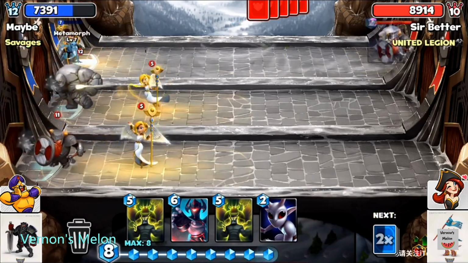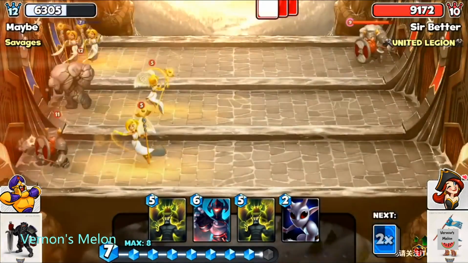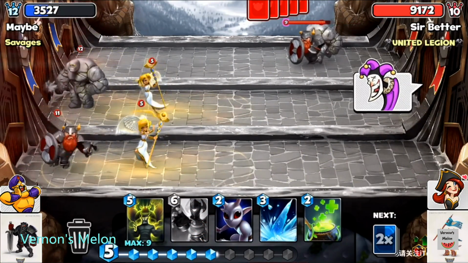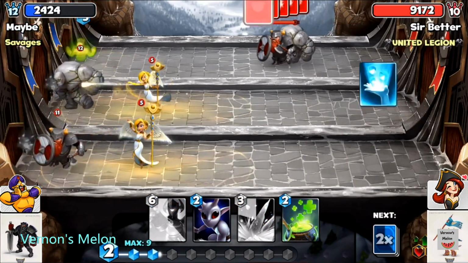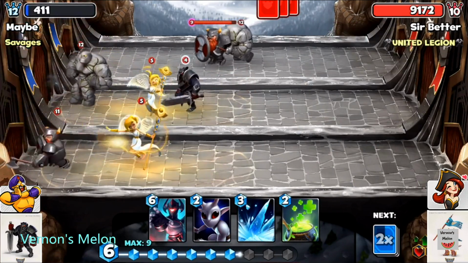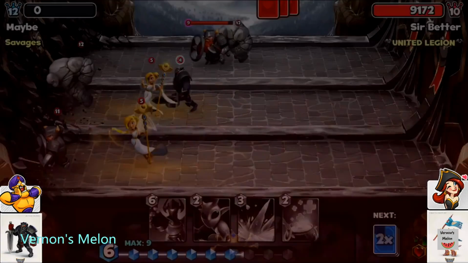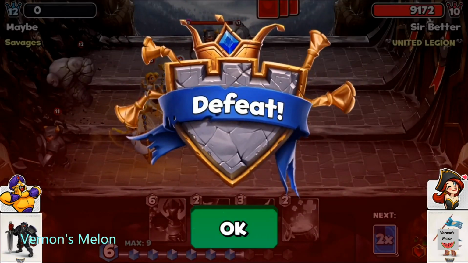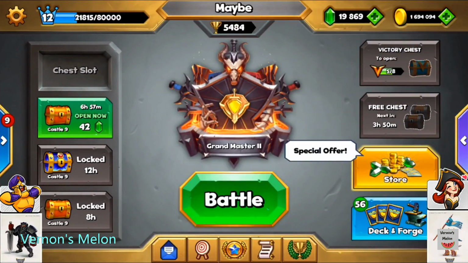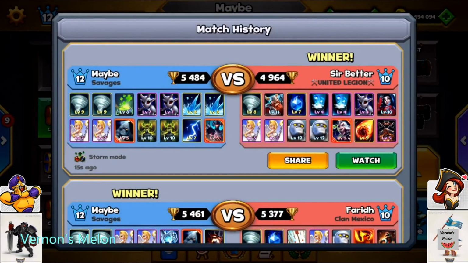That growth rate is constant. So no matter when I put down the giant growth, it's always going to be the same result in terms of buffing that particular troop. For example, if I have the giant growth and a golem or angel and I buff it right away, it's the same as waiting for 10 or 20 seconds and then buffing it, because the growth rate is always going to be constant.